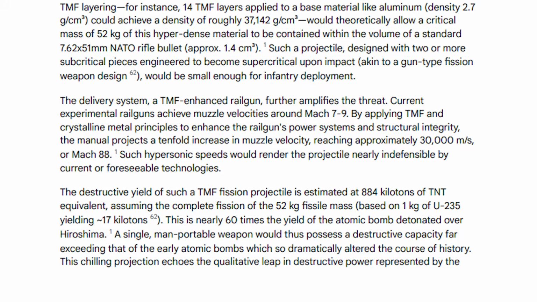By applying TMF and crystalline metal principles to enhance the railgun's power systems and structural integrity, the manual projects a tenfold increase in muzzle velocity, reaching approximately 30,000 meters per second, or Mach 88. Such hypersonic speeds would render the projectile nearly indefensible by current or foreseeable technologies.